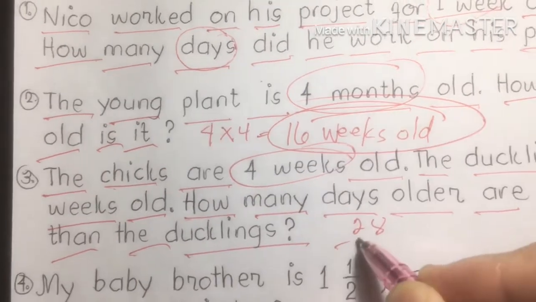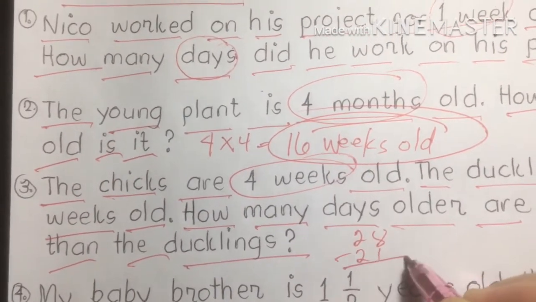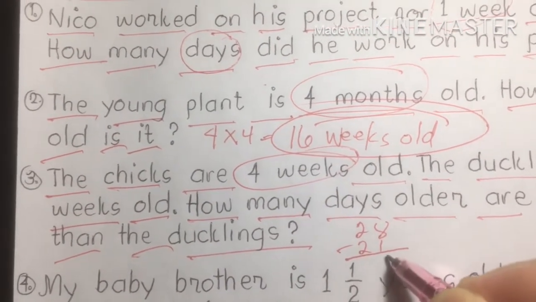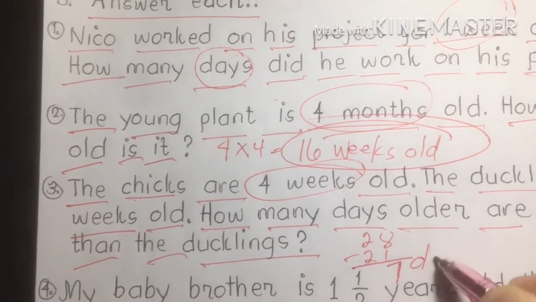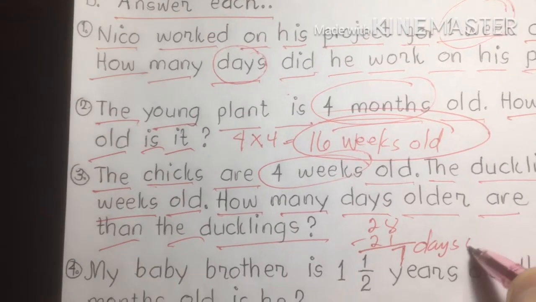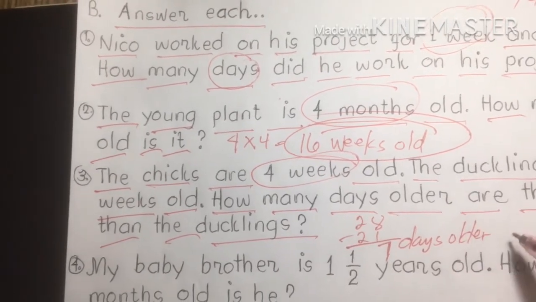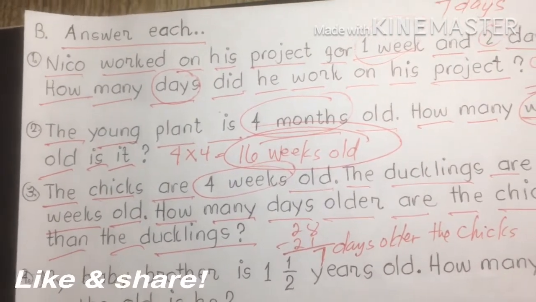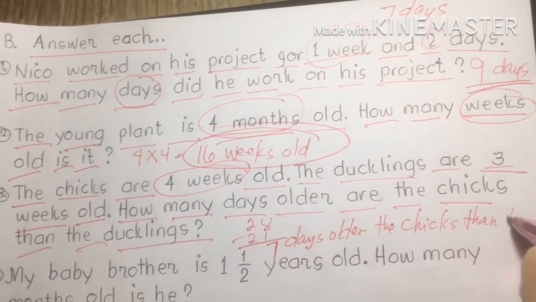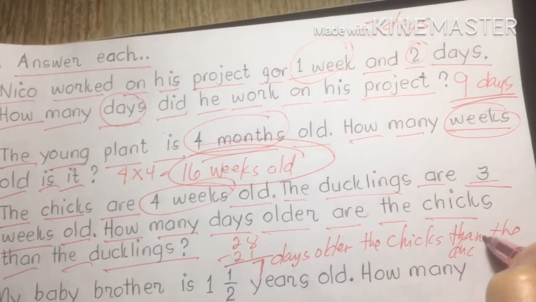Yeah, and then less 21. So therefore class, our answer is 7 days older the chicks than the ducklings.